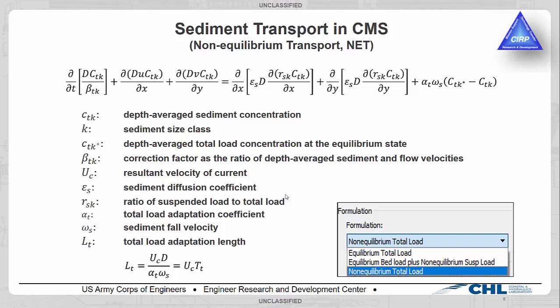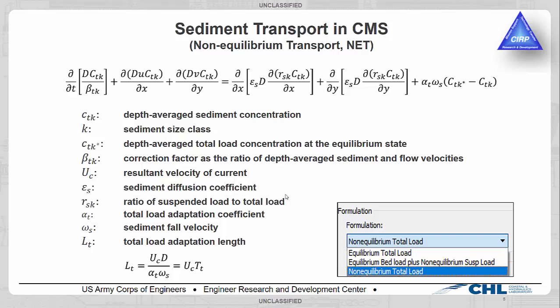On the right-hand side, the first two terms are the diffusion term of concentration, related to epsilon s and depth, and also RSK, the portion of suspended load. So this is the suspended load transport. The last term is a source and sink term, basically the erosion and deposition term.